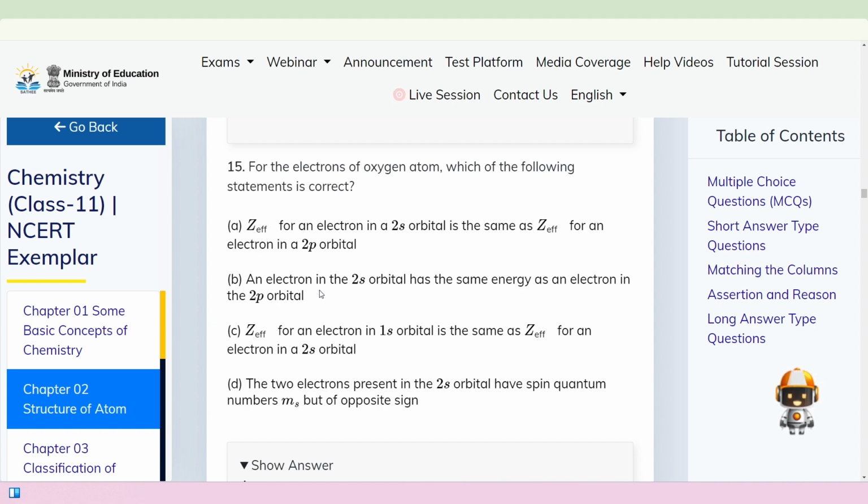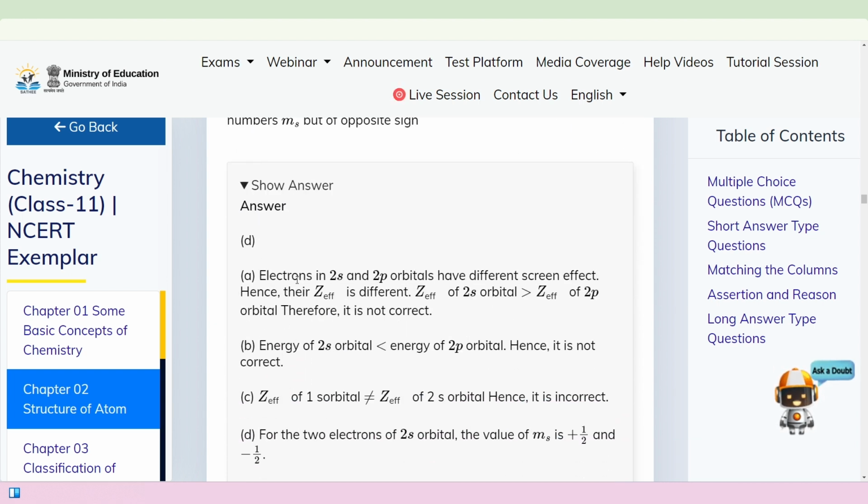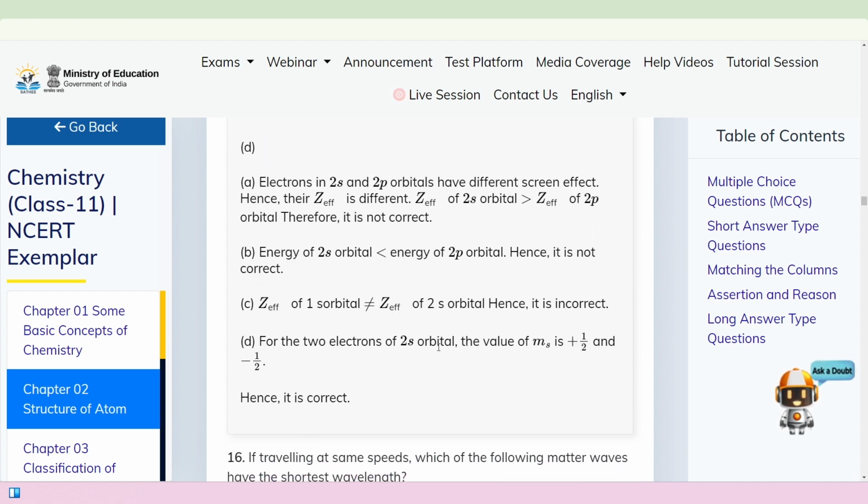This is our simple Pauli's exclusion principle. Therefore the spin quantum number is different for both electrons: the two values of ms are plus half and minus half.